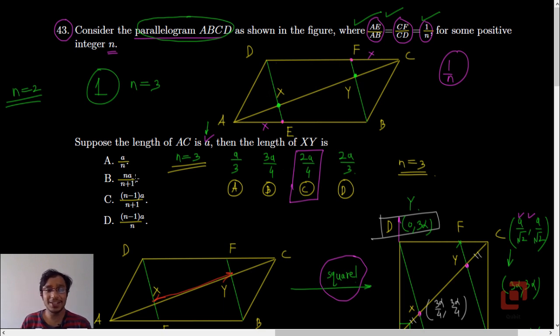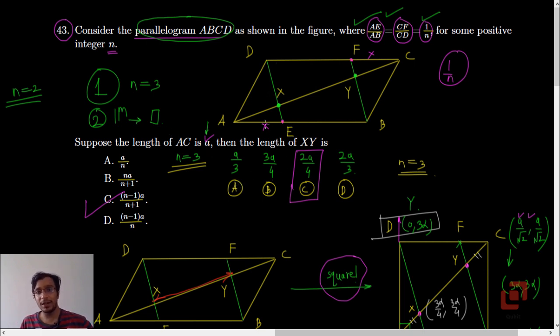Or in general it will be (n minus 1) into a upon (n plus 1). Okay, now if you know these things, or if you know how to solve multiple choice questions by such simplifications, then that is going to help you definitely, right?